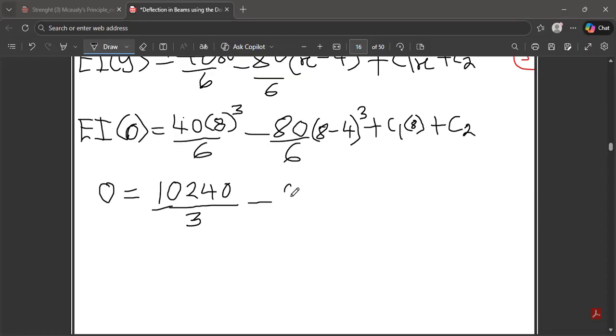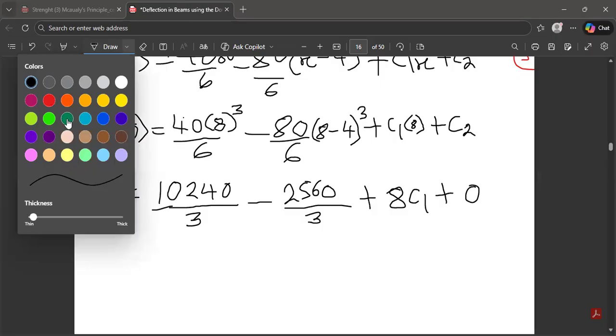You are going to get 2560 all over 3, plus 8C1, plus 0, because C2 is equal to 0.